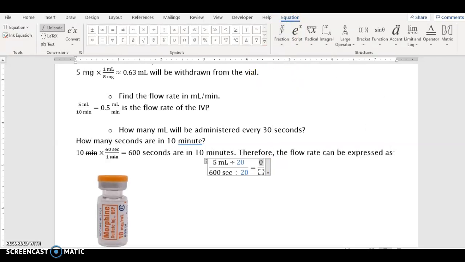So we're going to give 1/4 of a milliliter, or 0.25 milliliters, every 30 seconds.